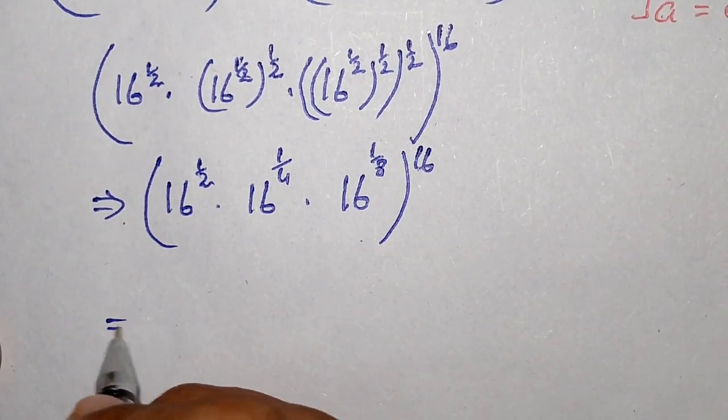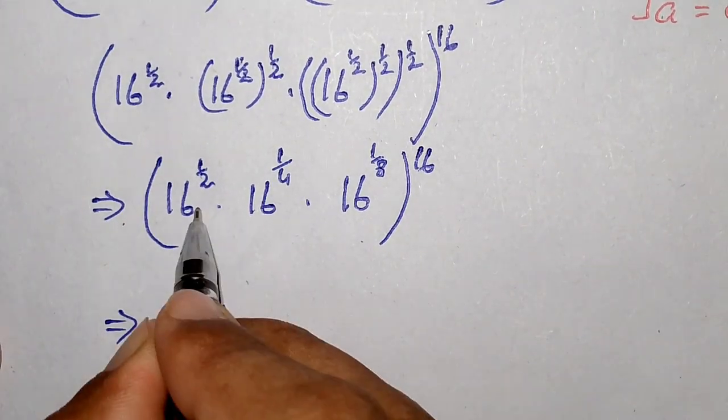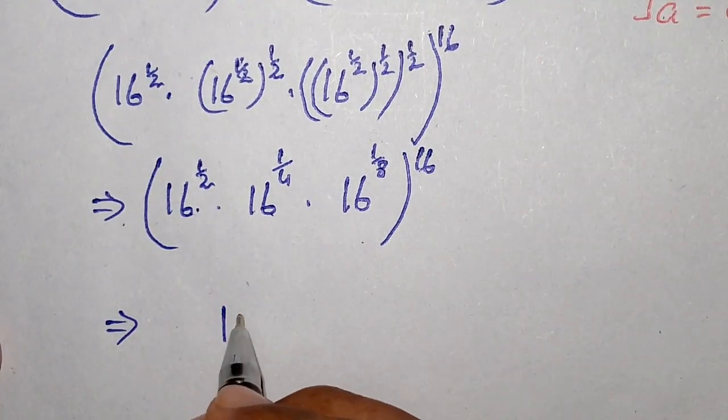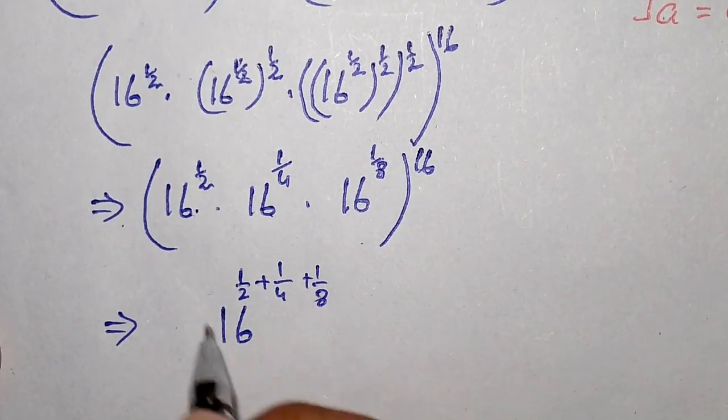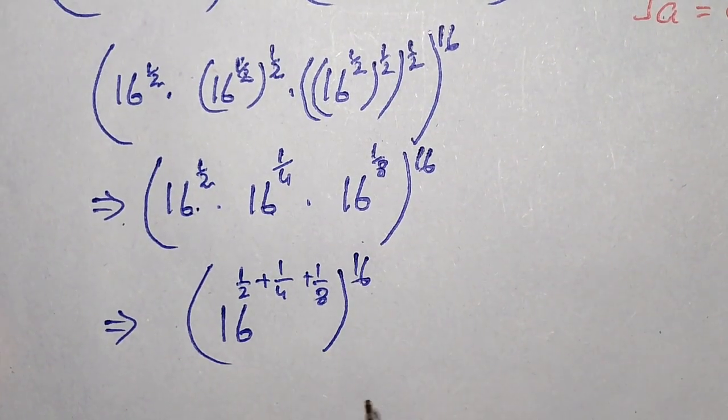Now again we know that here the bases are the same, 16, 16, 16. So 16 to the power of 1 over 2 plus 1 over 4 plus 1 over 8, to the whole power of 16.